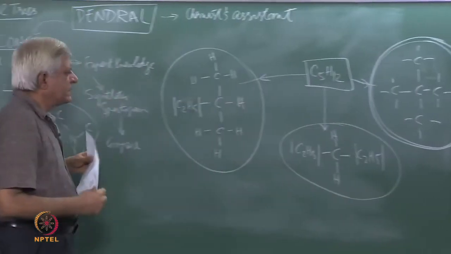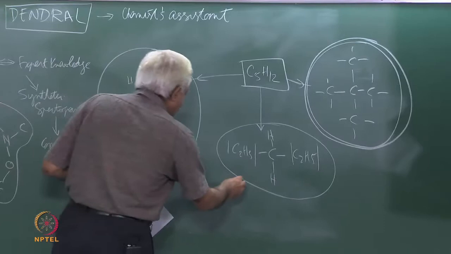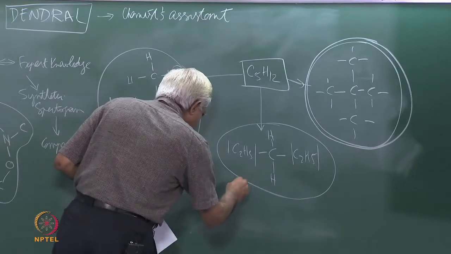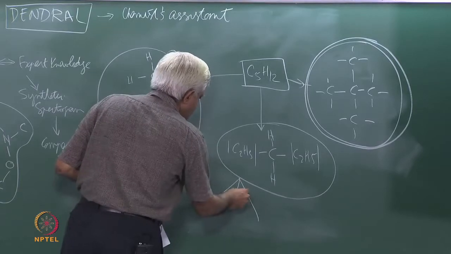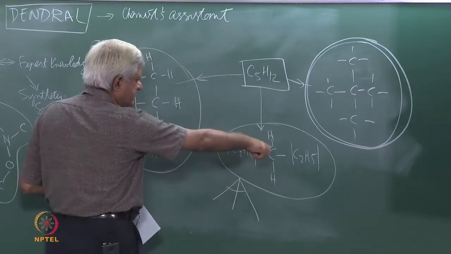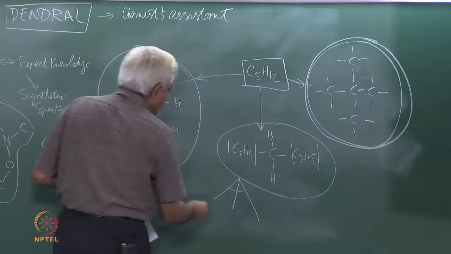this is another partially elicited structure, and this itself would now have 3 children which correspond to this part and this part.